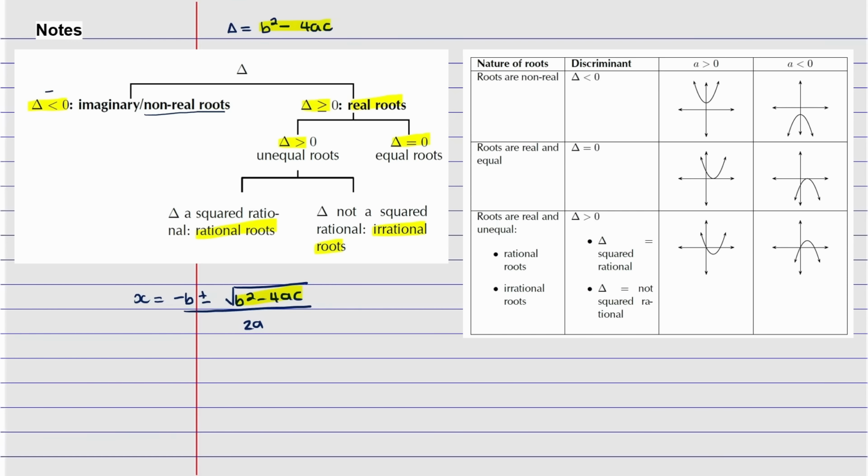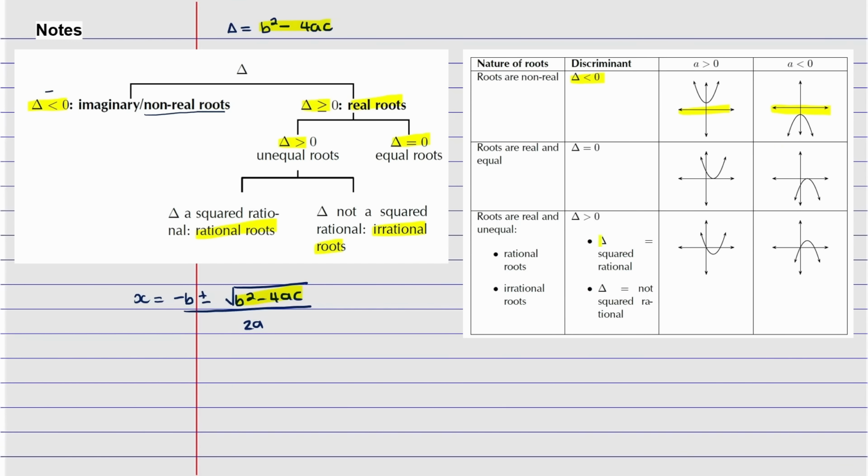With that said, let's understand what we mean when they say there are no roots, when there is a real root and they're equal, and when there are unequal roots. Let's understand it from a diagram point of view. When they say there are no roots, in our diagram there is no x-intercept, meaning our graph does not have any x-intercept.